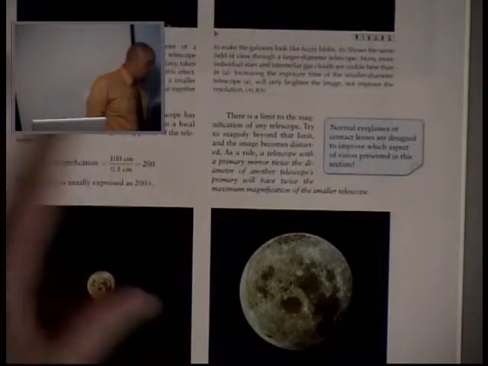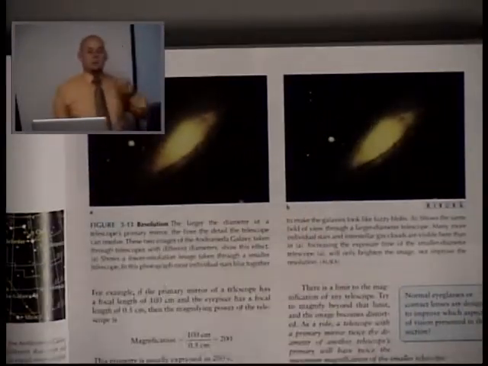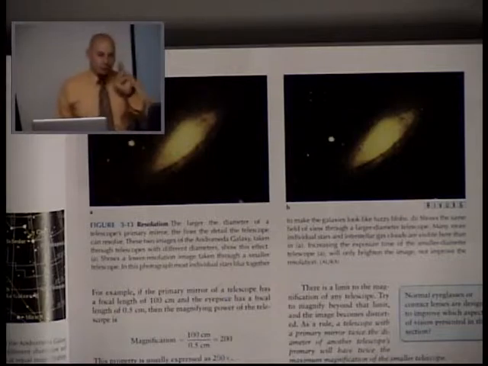The most important rule you need to know about all telescopes, which they go through explaining here with this concept of resolution, is that bigger is better. In telescopes, there is no substitute for a bigger mirror or lens. The bigger you can build that mirror or lens, the better.